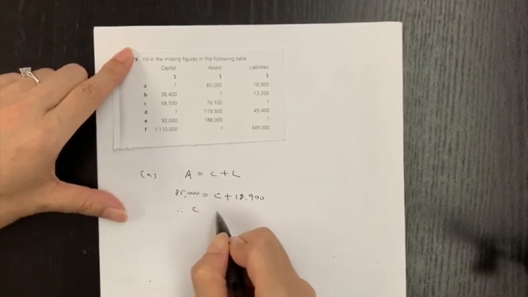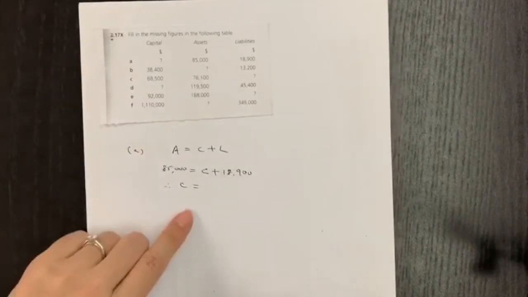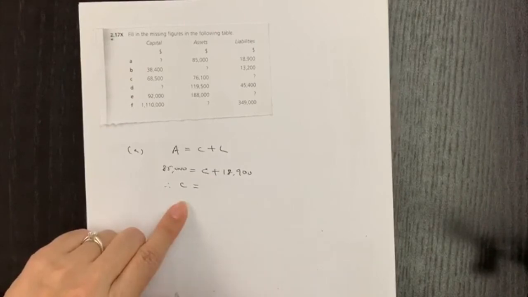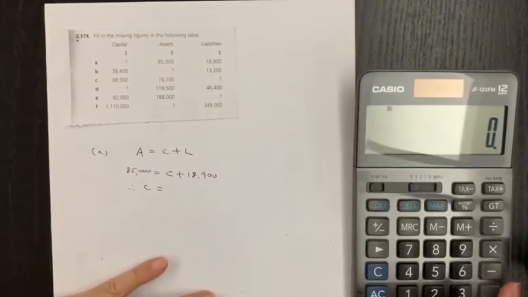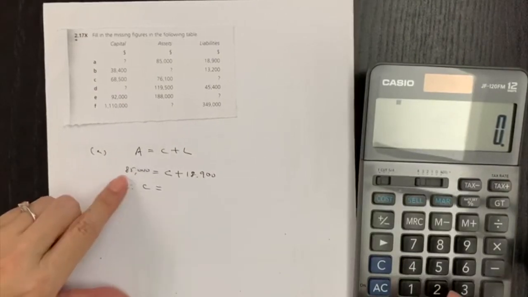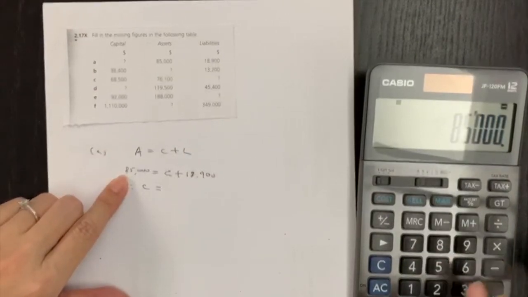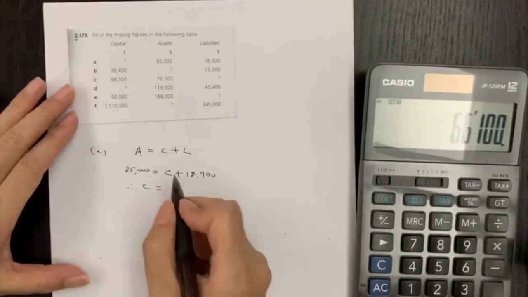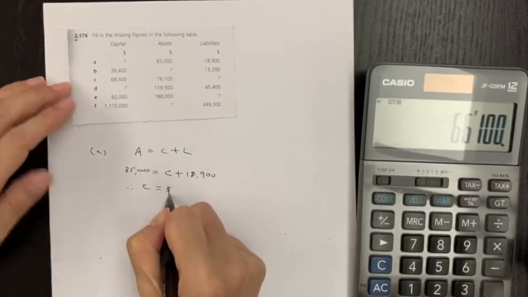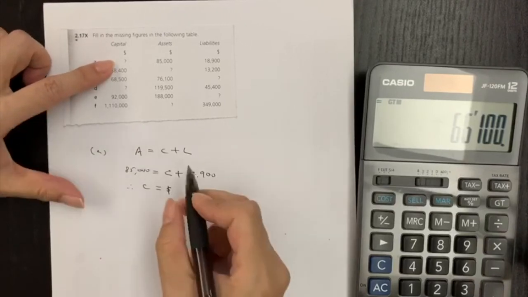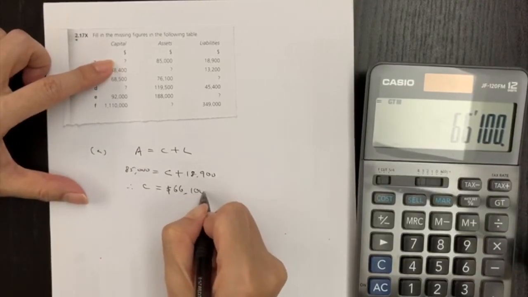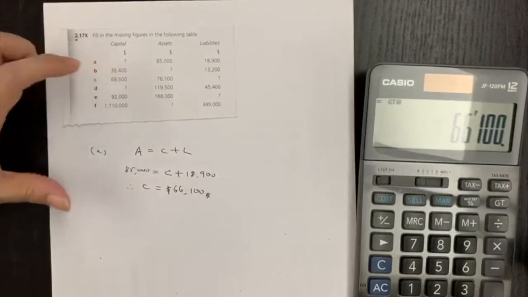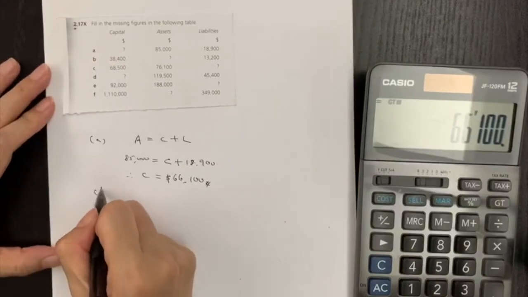If I change the subject to capital, to work out capital, that would be 85,000 minus 18,900. So the answer is 66,100.